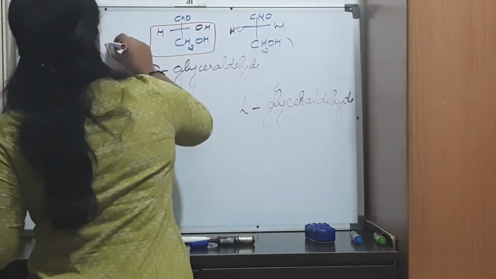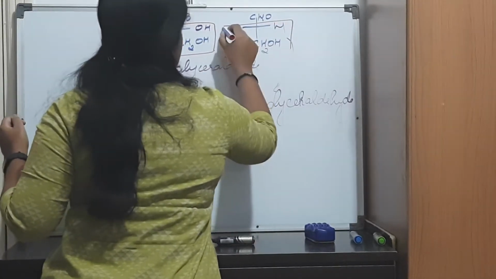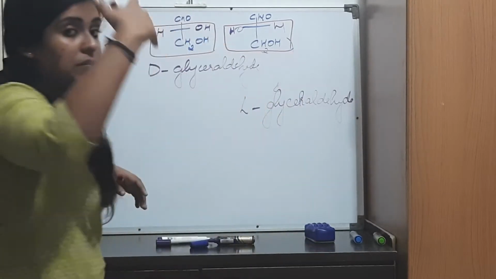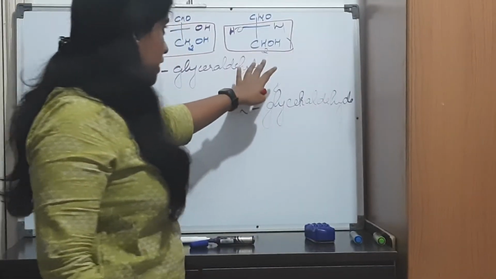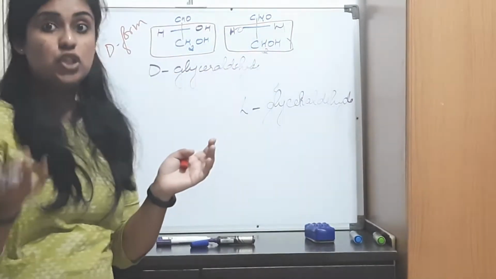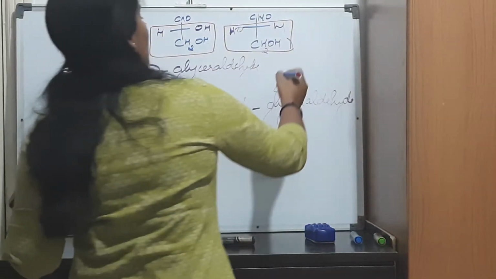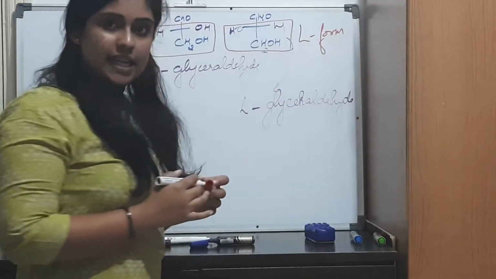Similarly, this is the D form. And similarly, any configuration, irrespective of the number of further adding up of carbon atoms, this bottom portion, CH2OH, with the next carbon having OH on the left and H on the right, this form will always be the L form for all upcoming carbohydrates as well.